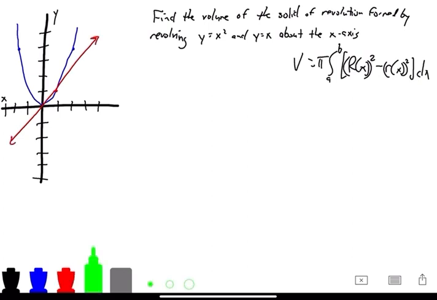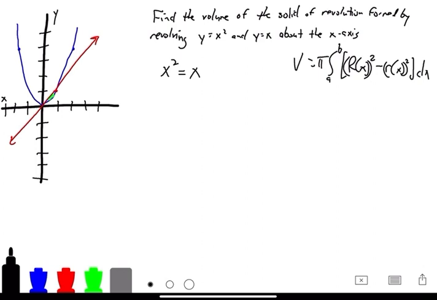Okay, so what we're trying to do is find the volume of this little green area that's encompassed by the line and the parabola. We can see that it goes from 0 to 1, but as we said when we were doing the area, when we're unsure about the boundaries, or they're not explicitly provided to us, what we do is set the functions equal to each other and find our boundaries.